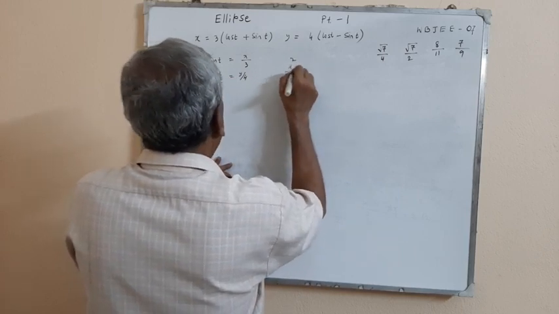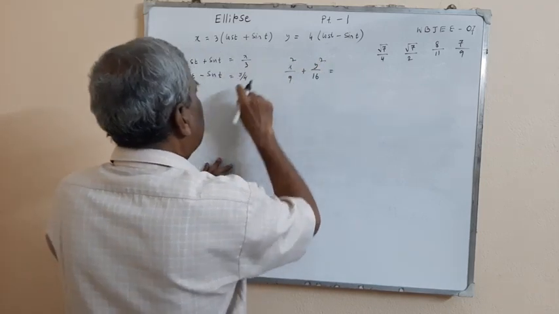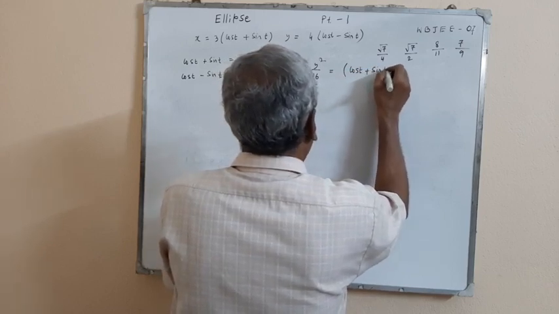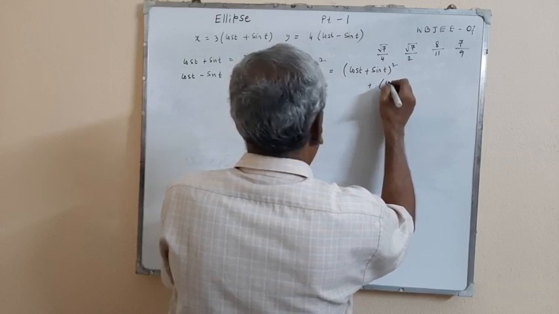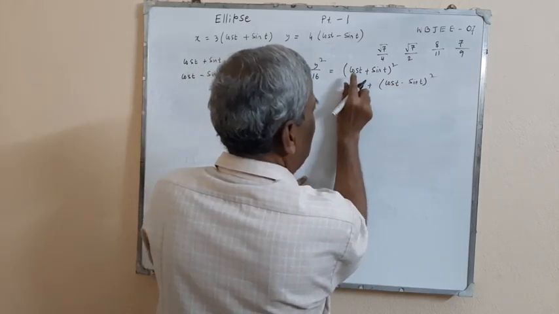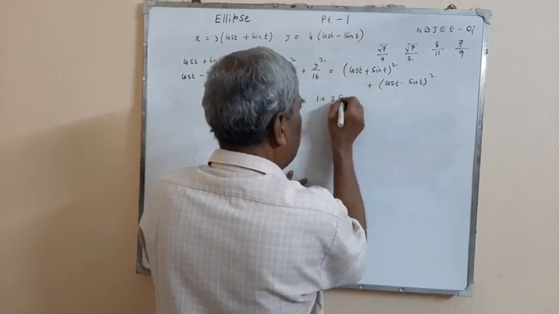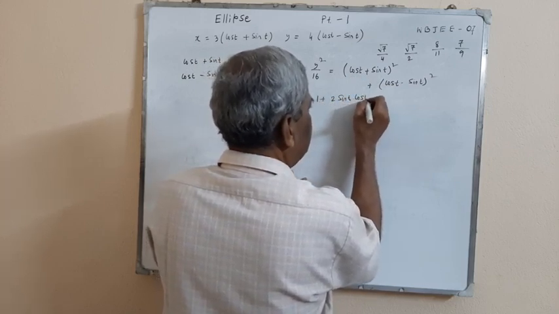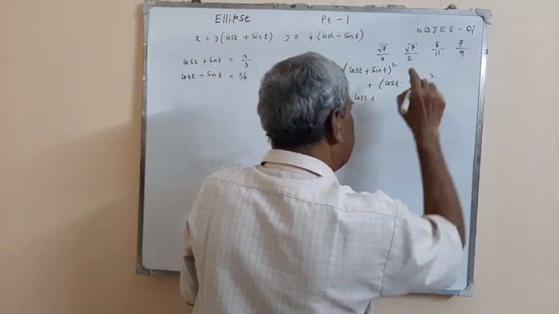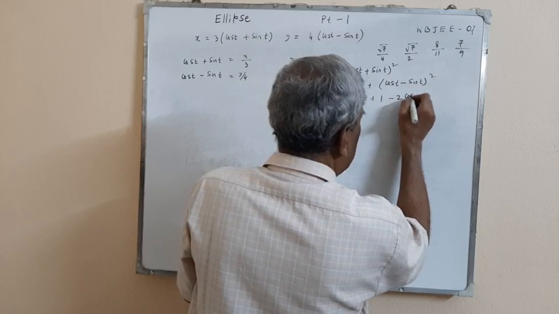How much? The x square by 9 plus y square by 16, this square plus that square is equal to cos t plus sin t whole square plus cos t minus sin t whole square, which is cos square t plus sin square t is 1 plus 2 sin t cos t, plus whole square of that, cos square t plus sin square t is another 1 minus 2 cos t and sin t.